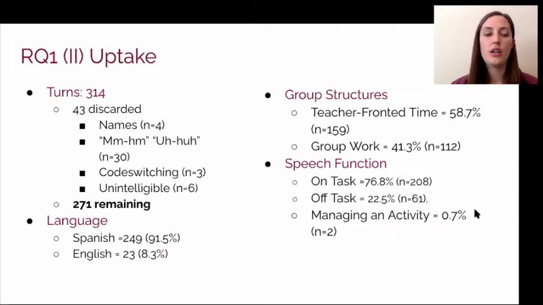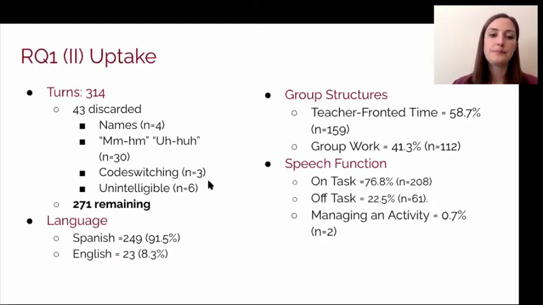But of the 314 that were audible, 43 of these were discarded because 30 of them were just a or so it was difficult to attribute them to one language or the other. 4 of them were names in response, and then 3 of them, there was so much switching between Spanish and English that it was difficult to classify them as one or the other.